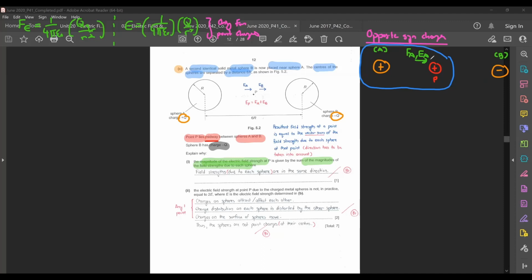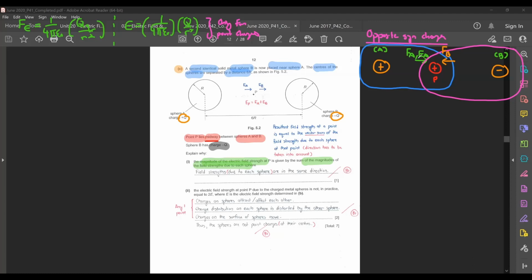Now, if you then consider the electric field strength due to sphere B, right now, this is negative, this is positive, so obviously your electric force and hence electric field strength due to B alone would be towards the left.